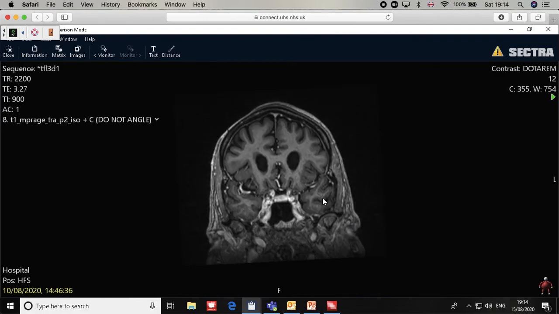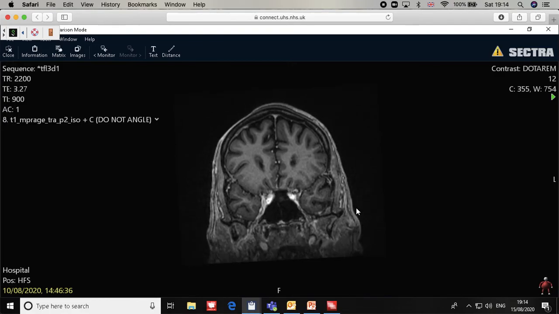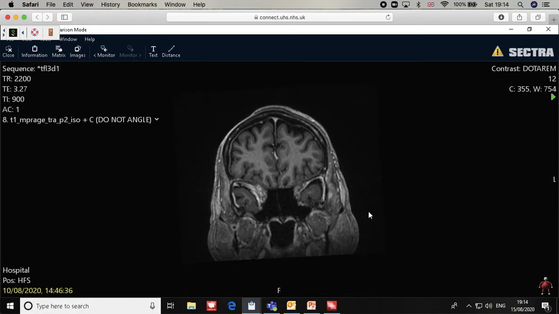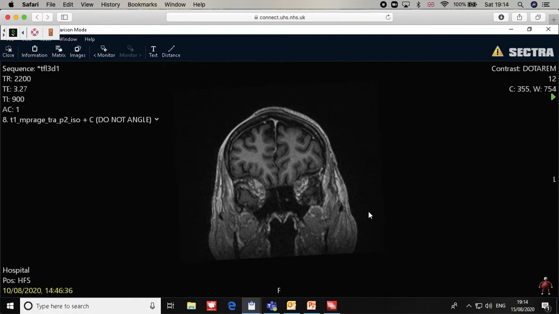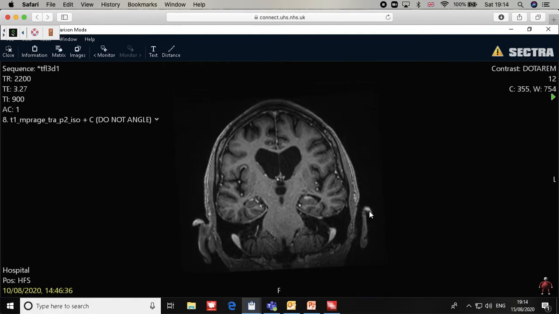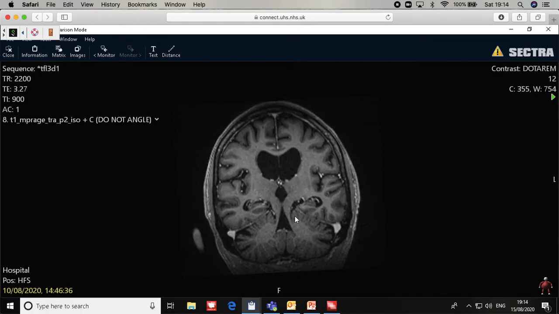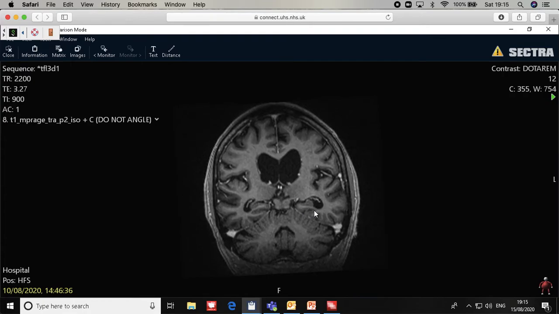Yeah, so this is the temporal lobe. You can see the temporal lobe here. Okay, and then we move on to search for it. Sorry, not the best to do that, but you can see it here. Just a second.